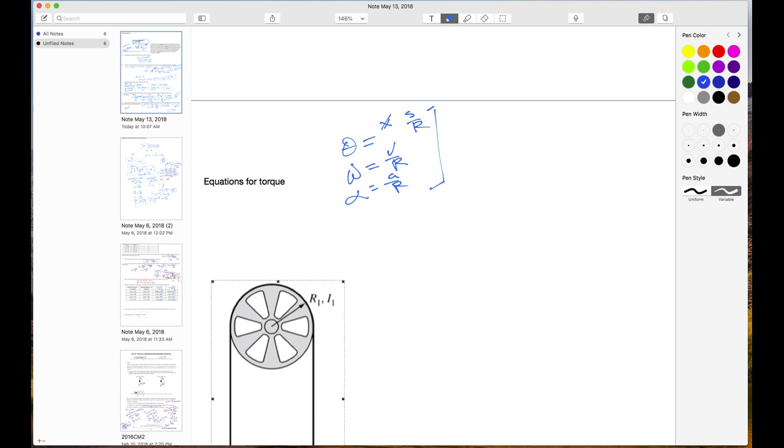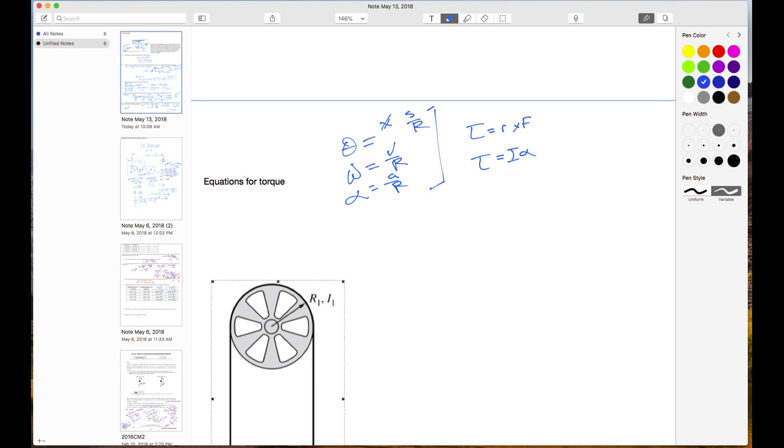Additionally, it's important to understand that torque is equivalent to r cross F, or rF sine theta, and additionally, we have this sort of rotational analog of the second law of Newton, that torque is the rotational inertia times alpha, the angular acceleration.